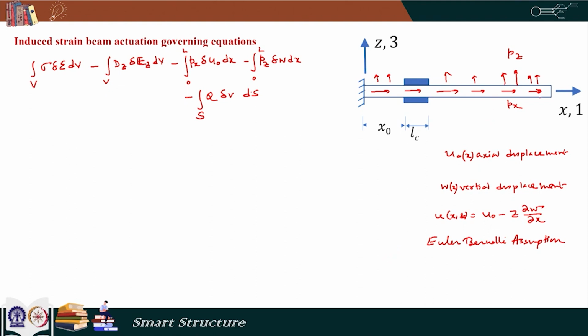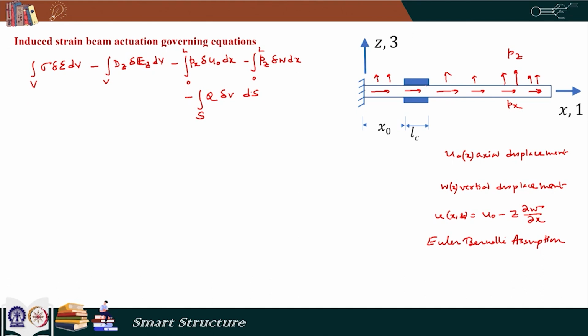So in this case the unknown stresses and strains are only sigma xx and epsilon xx. Because that is the only non-zero component, unknown as well as non-zero, we do not consider other stress or strain components. So I did not put any subscript, just sigma and epsilon; this is sigma xx and this is epsilon xx.